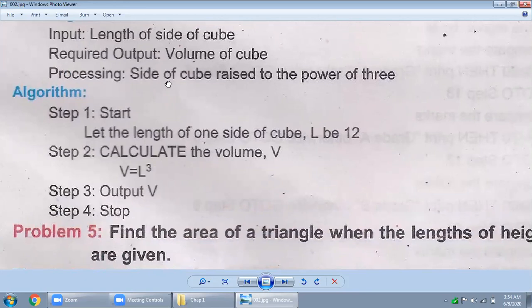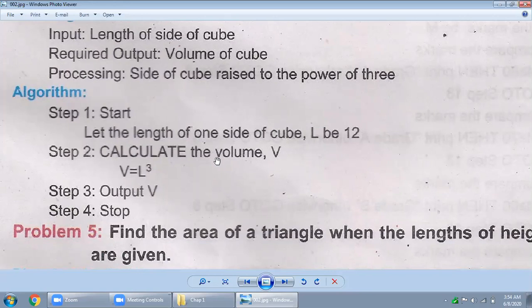Now the algorithm. In step 1, start. Let the length of one side of a cube, denoted by L, be 12. It means we are giving the length, L is equal to 12.